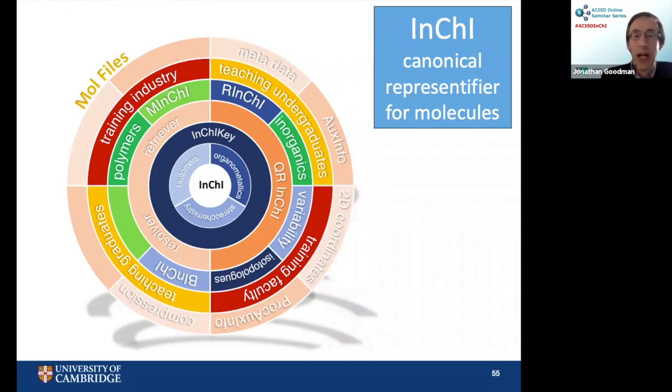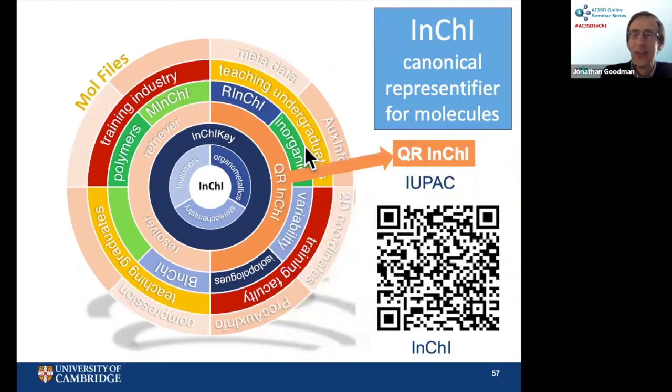One of them, I mentioned for Jeremy Frey, in case he's listening, is the QR InChI. Can you take an InChI, put it into a QR code? Well, this would be really useful if you're wandering around your chemical store cupboard, you see a bottle, you're not quite sure what's in it, or you're not quite sure if you're interpreting the name correctly.